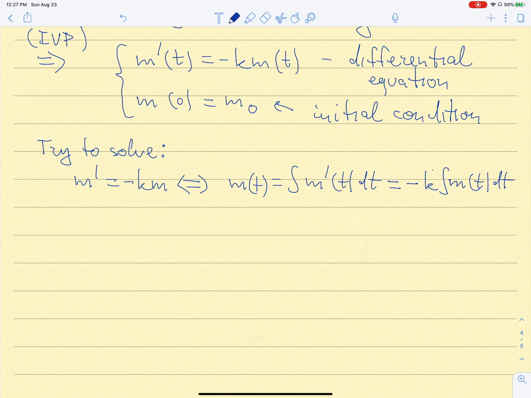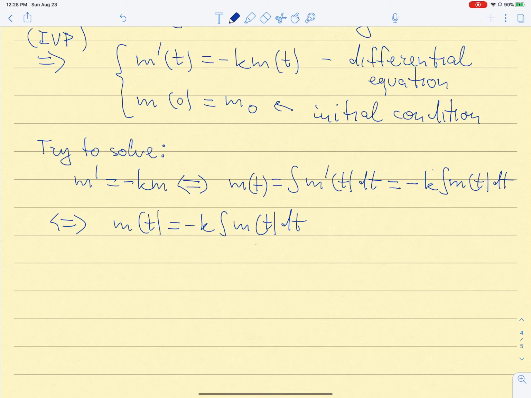So at the end of the day, integrating produces the following expression: m of t is equal to minus k integral of m of t dt. And immediately, a huge difference from the previous problem is that now I need to integrate m of t to find m of t.